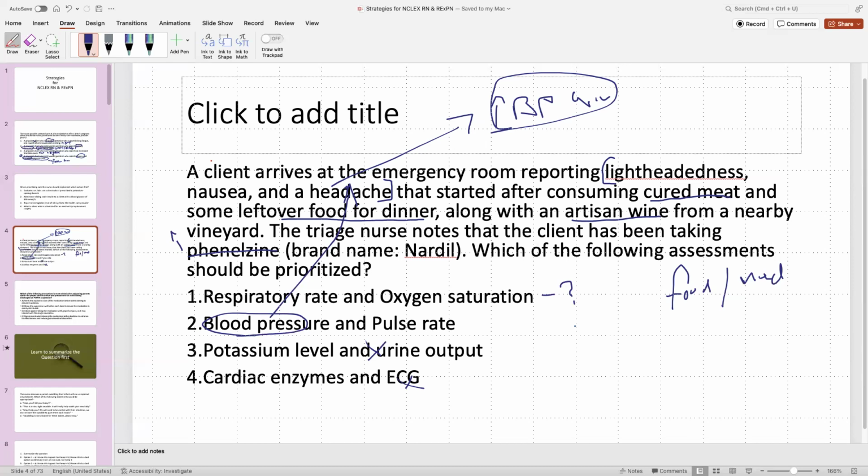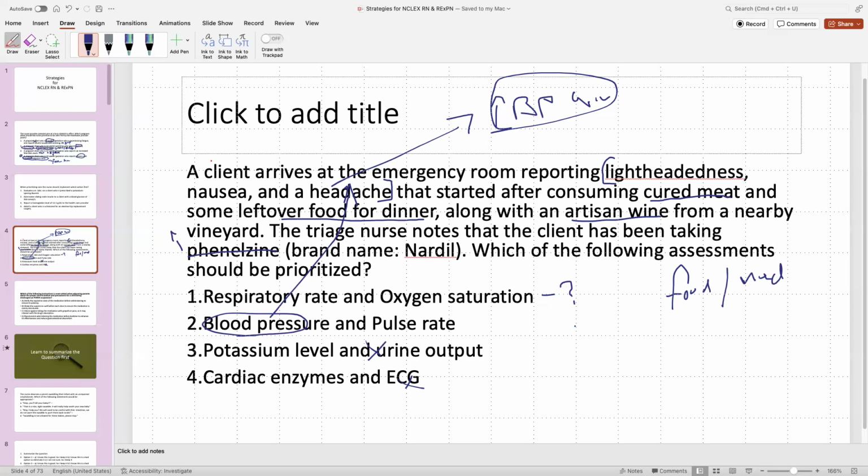You have heard of artisan bread, they make it at a farmhouse. So artisan is something they make in a farmhouse. Maybe it is aged, or has some kind of bacteria or fungus in it, we don't know. Or artisan cheese, which is made in a farmhouse.